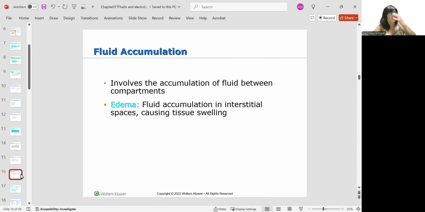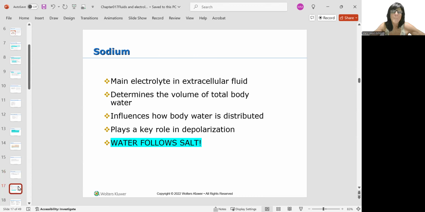That's when fluid is gathering in the interstitial space, right? So the tissue, like under the skin, and it gets swollen. If you've ever seen somebody whose feet, ankles, and lower extremities are kind of blown up, right? That's edema. So that's fluid in a specific area of the body. Usually you see that with congestive heart failure, right-sided heart failure.